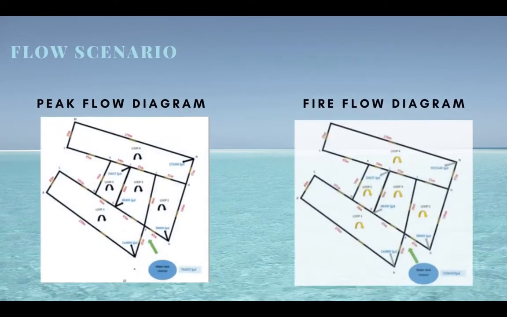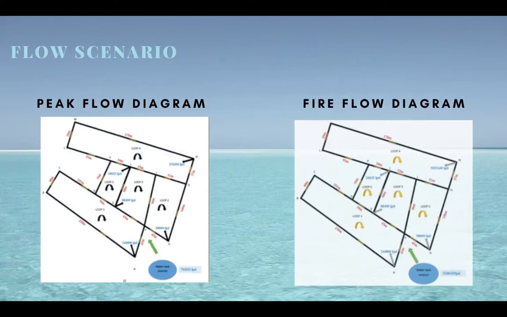So this is my second step. Second step, we need to know the flow scenario. Before that, we need to calculate the water demand. I calculate the water demand in each loop to know the Q, the flow rate. After that, we calculate the peak flow and fire flow.